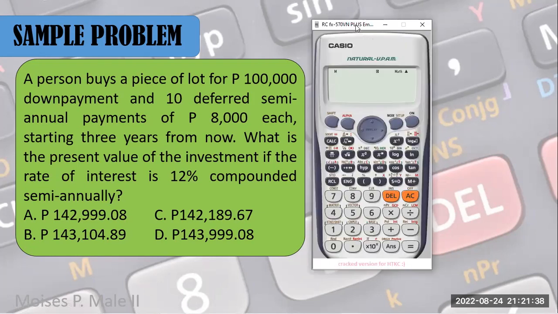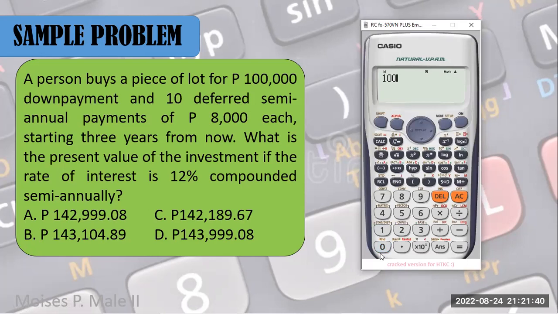Okay, so ganito. The down payment na 100,000, the present worth is 100,000 plus, okay, 8,000 each daw, 8,000 times the summation. Okay, so ano yan? Present worth, ano? 1 plus R over N. Ang R natin is 0.12 compounded semi-annually.